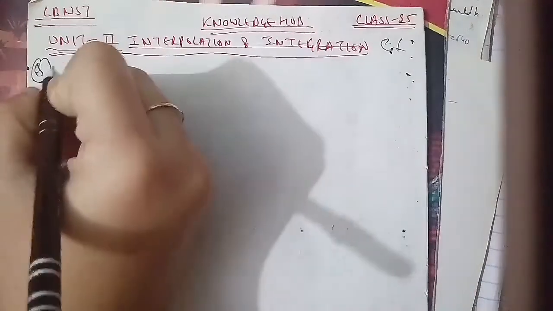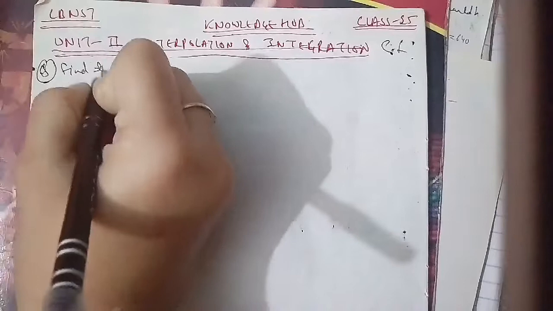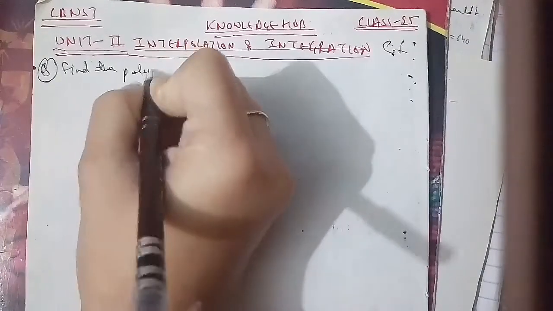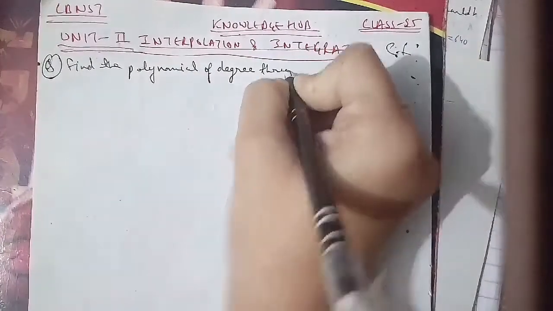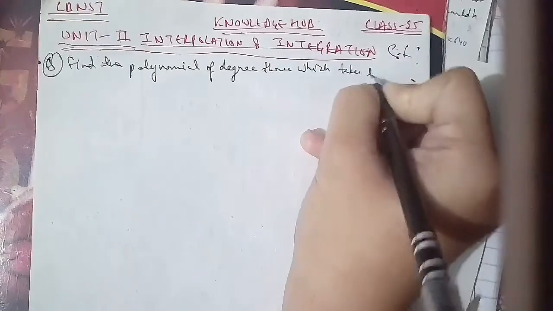So here we go with the question without wasting time. The question is: find the polynomial of degree 3 which takes the values shown in the data below.